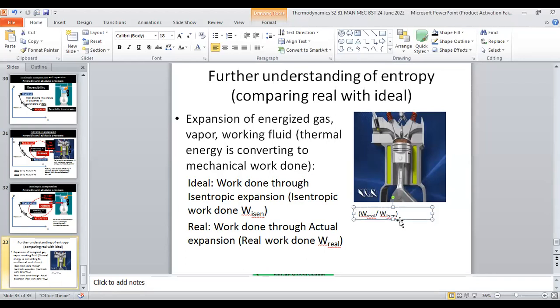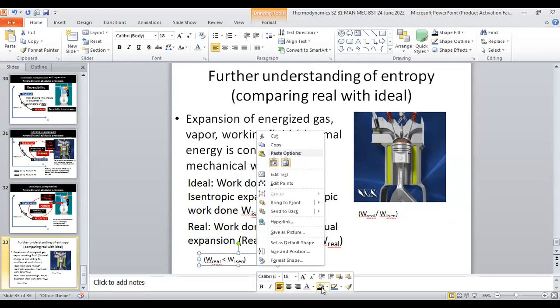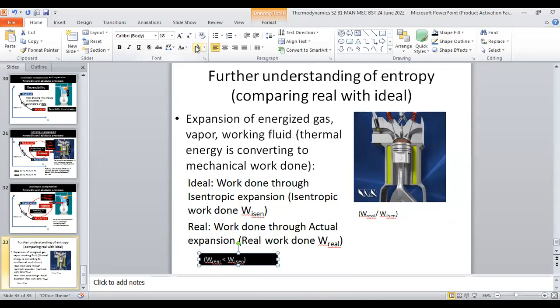So if you take this one, this two, you really know that W real is lesser than W ideal or isentropic. Yes, that's true. It is lesser, but how close is the point?